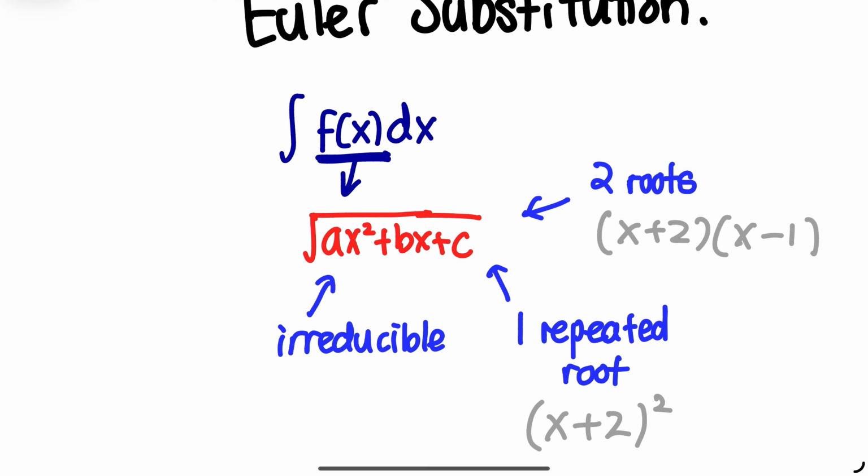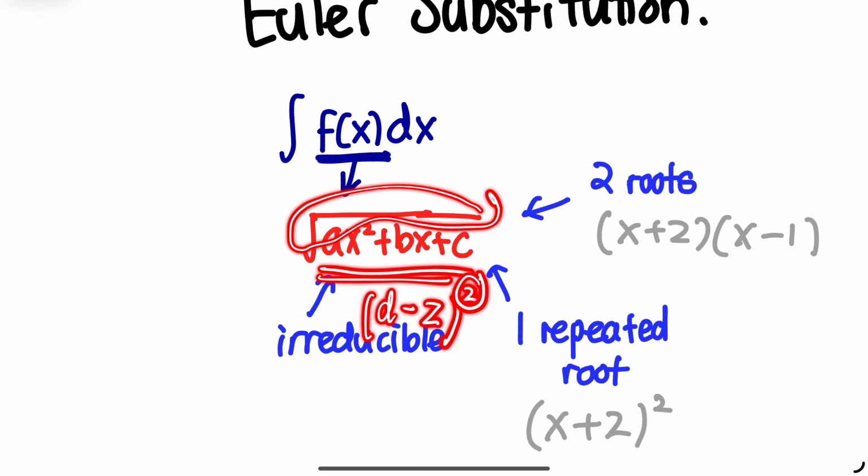One repeated root is the easiest to solve, because when you are able to express this as, say, (d minus z) squared, the square and the square root cancel out, so it just becomes the integral of d minus z dx, which is so much easier to handle.